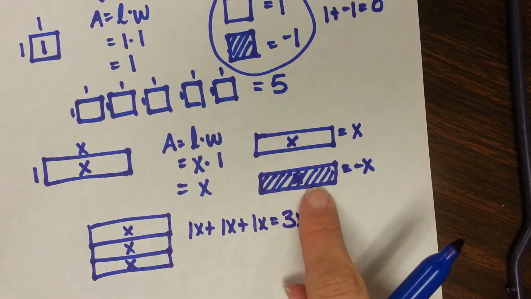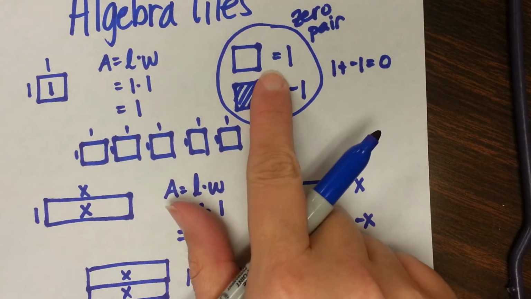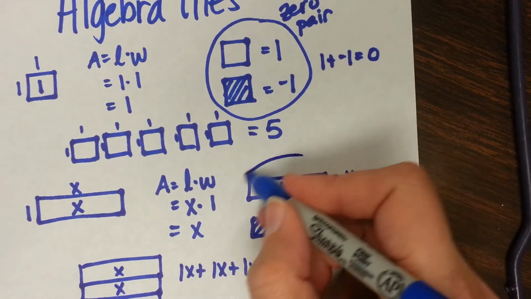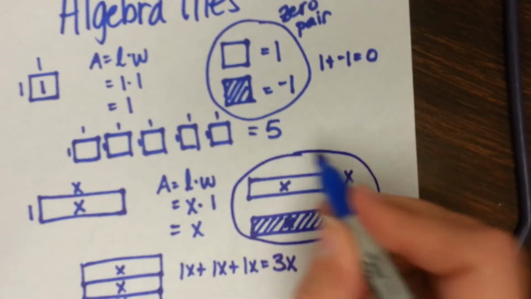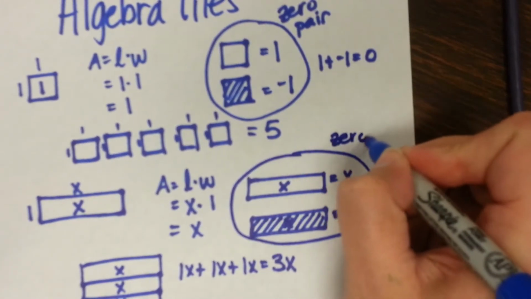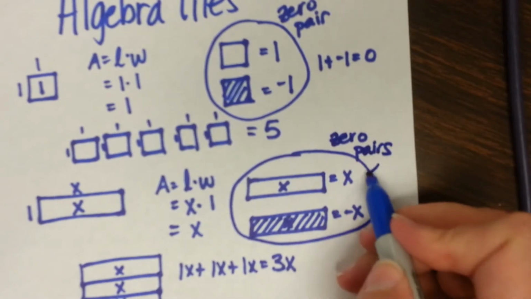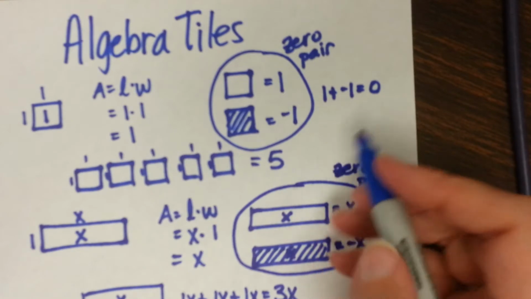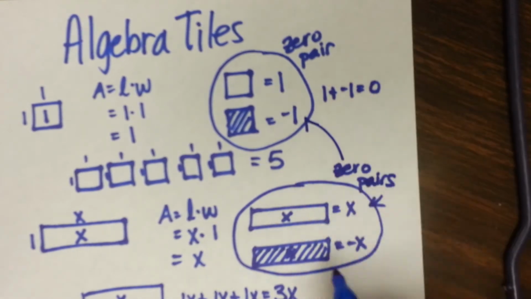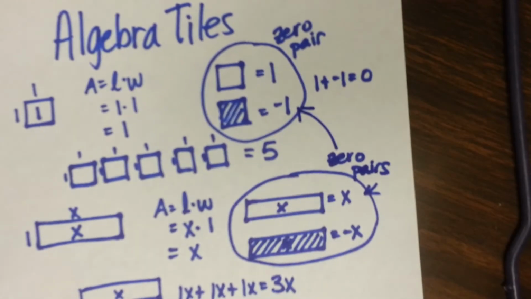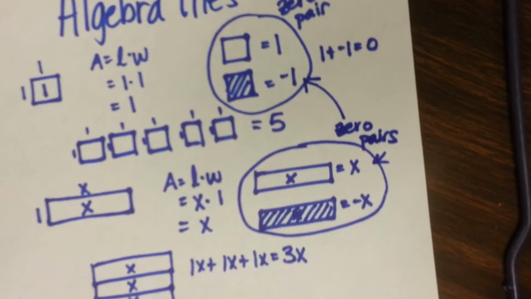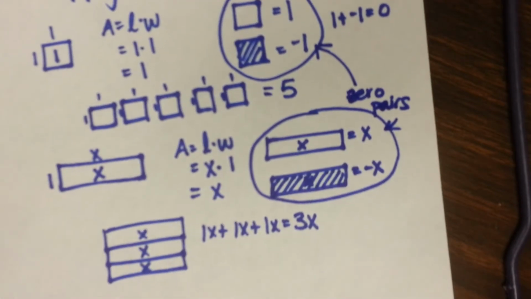If I have a positive x and a negative x, just like having a positive 1 and a negative 1, I can also create a zero pair. That's going to be helpful for us as we're trying to simplify some expressions. So this is an example of a zero pair, just like this was an example of a zero pair. These are things that cancel out, one positive and one negative.